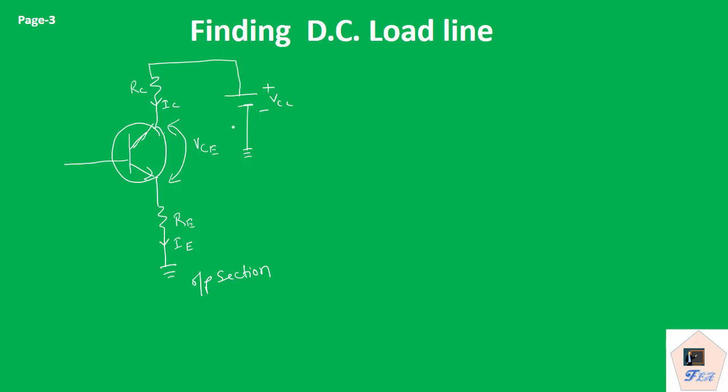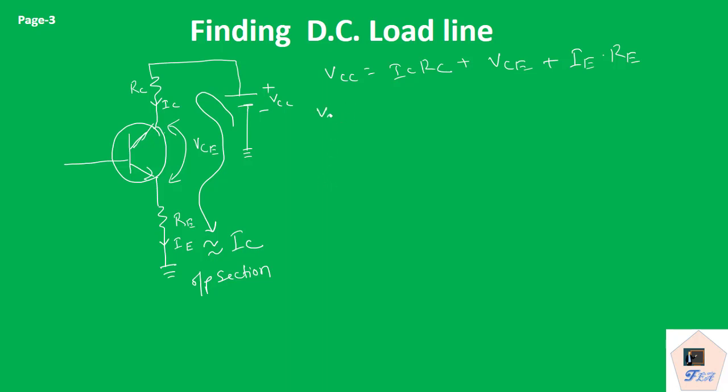We know that to find the DC load line, we need to analyze the output section of the given circuit. So output section will be as it is. So we can write VCC equal to drop across RC, so IC into RC, plus VCE, this drop, and drop across RE, that is IE into RE. Now in our assumption of self bias, we have considered IE equal to IC, since IB is very small compared to IC.